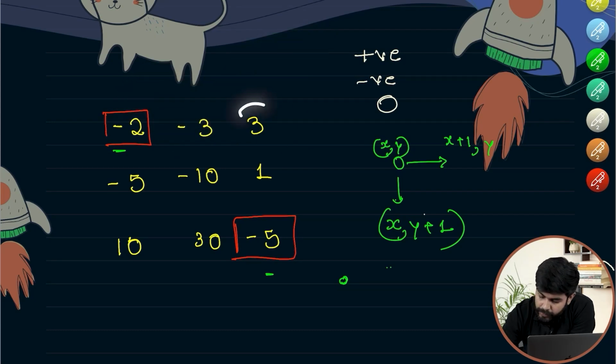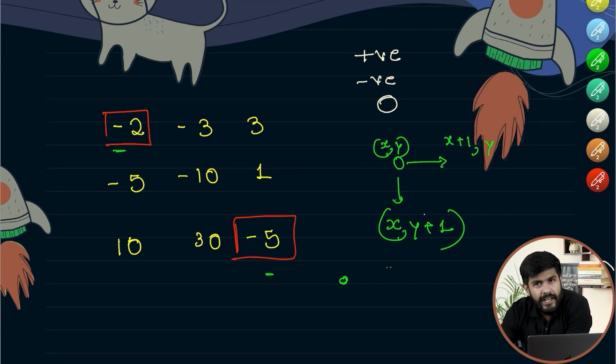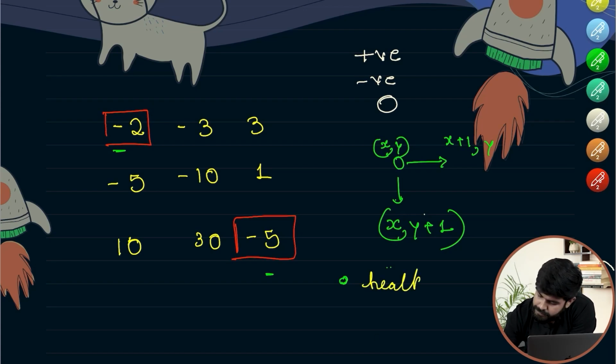If I take a jump of 3, I would gain a health of 3. So just as the regular game goes, here also your health should always be positive. So I would just take the example of health and move forward. Health should always be positive.